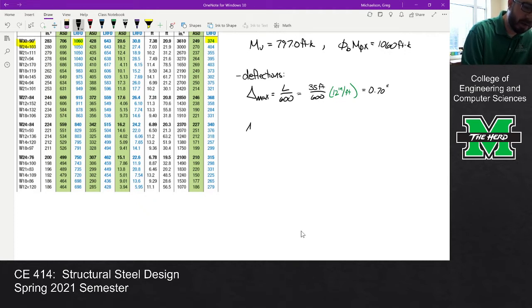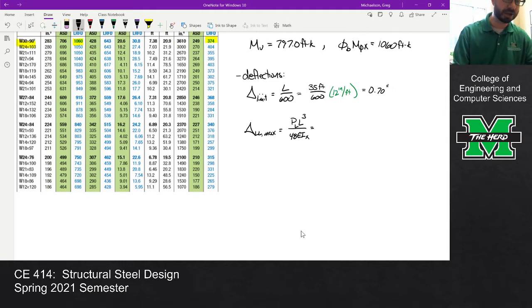And then our live load deflection, actually, hold on, I'm naming this backwards. I'm going to call this limit. So that's the deflection limit. The maximum deflection that we're actually getting on the beam, let's use the consistent notation, is PL cubed over 48 EI. And so now we can just chug this out.